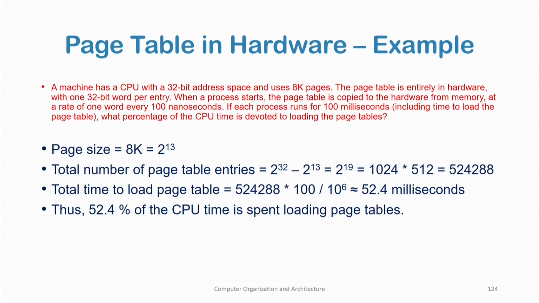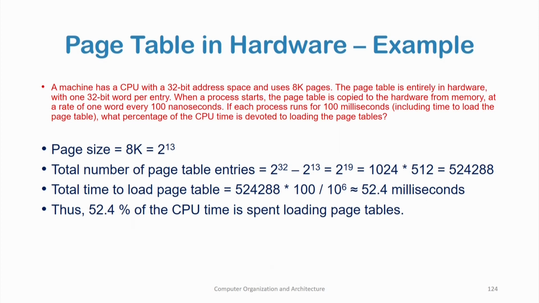So, I have a time slot size in which I will execute a process, and I execute a process for 100 milliseconds. For each process I give 100 milliseconds, and out of that 52.4 milliseconds is only consumed for loading the page table from memory into hardware.